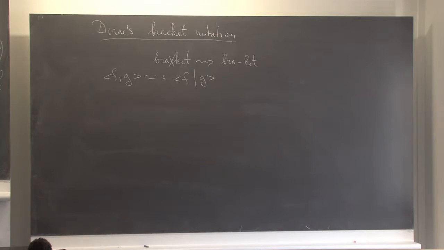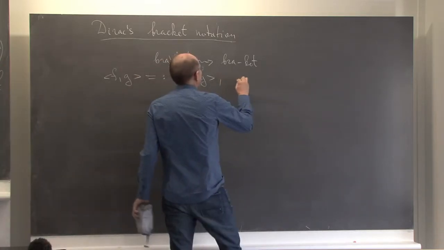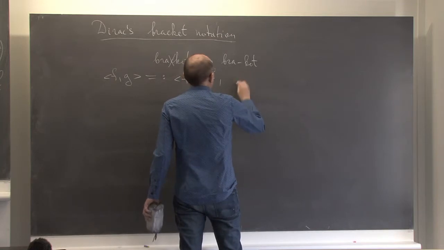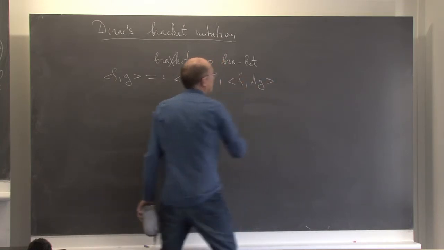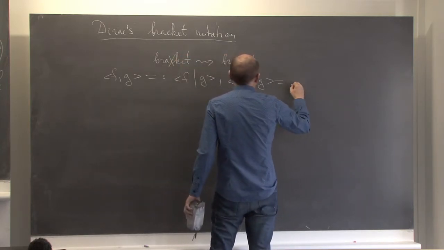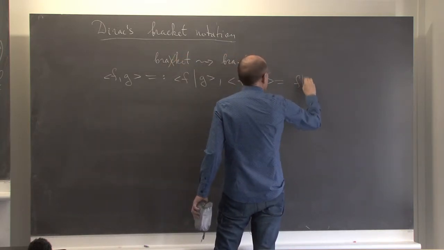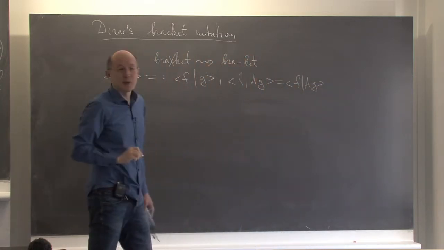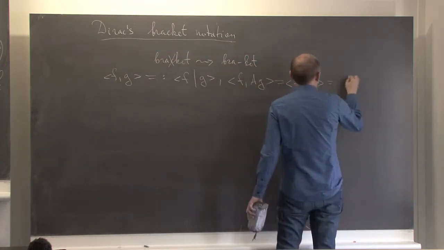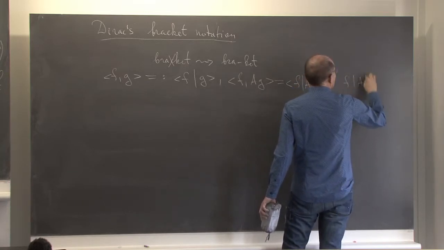And if you have an operator sandwiched between two vectors, with our notation this becomes like this. But you go a little further, you add one more vertical bar.